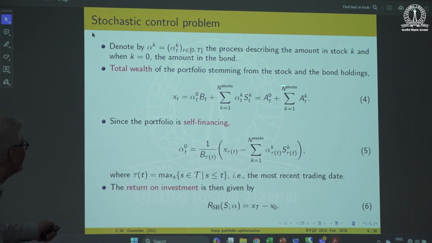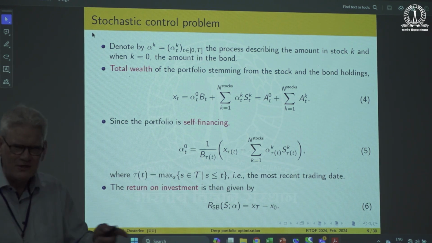This shouldn't confuse you. We need this in our neural networks. I won't go into that much detail; it's in the paper. But this is the informative piece, I would say. So that is the wealth at time t from stocks and bonds, and these alphas are to be chosen or optimized.